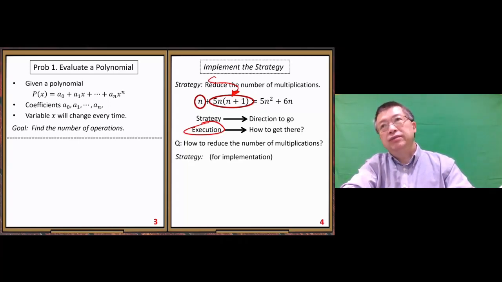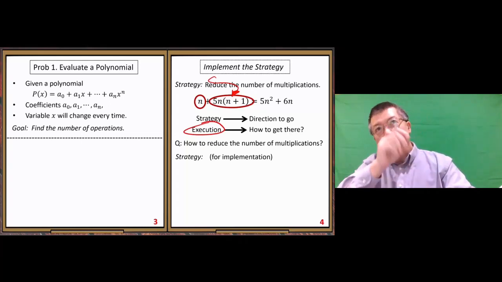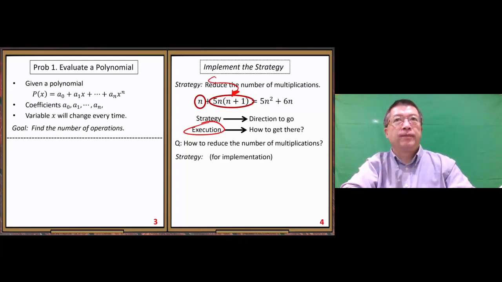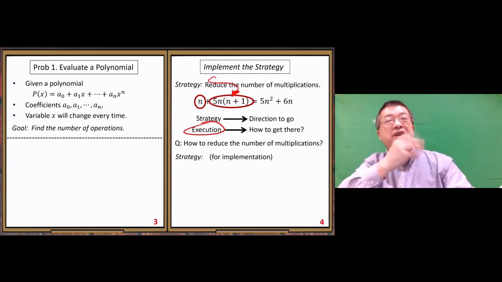Whenever we need to solve a new problem, we need a strategy. For implementation, this one. Actually, this strategy we already used before. In the previous slide, we used it. Here we just use it again.